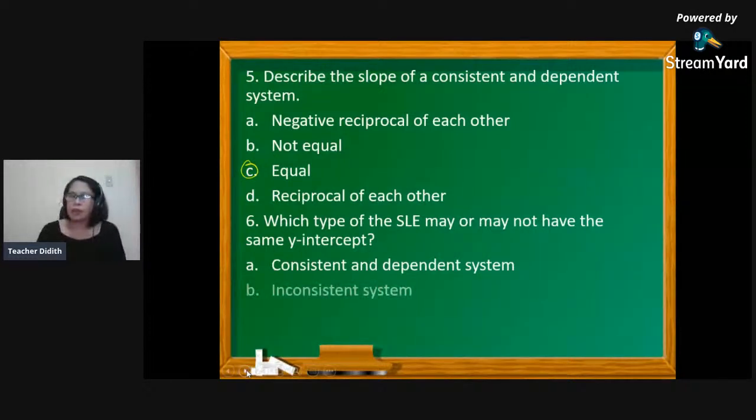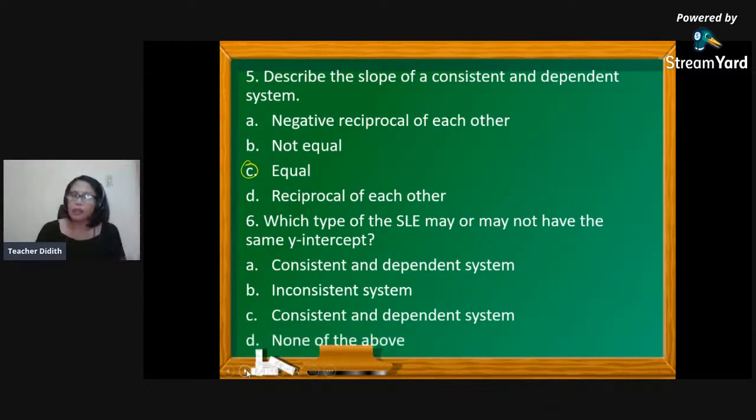Consistent and dependent, inconsistent, consistent and independent, or none among the choices. So, sige, continue typing your answer. So we have one here that is independent and the other one here is dependent, okay?